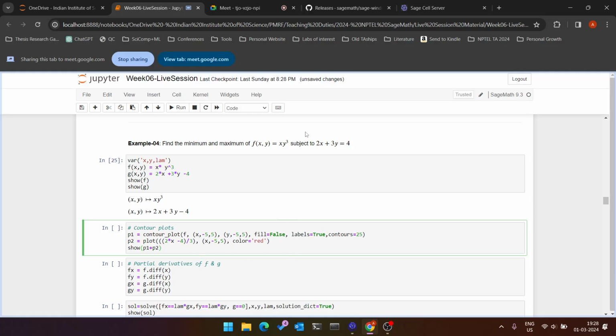Along with that, on the same contour, I'm plotting the function y equal to 4 minus 2x by 3. So I'm just playing around with g of xy to obtain y as a function of x, for the same range of x. And now I'm plotting both.